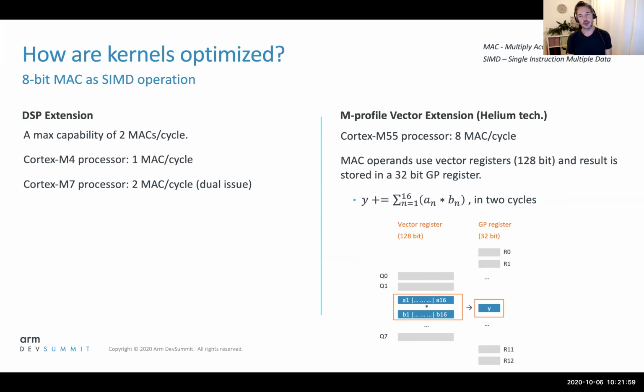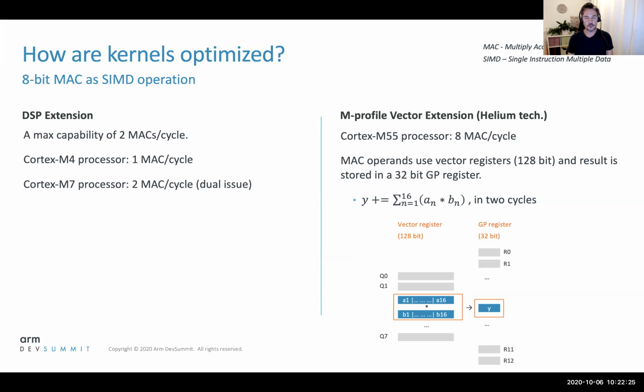CMSIS-NN involves a few different optimization techniques, but on this slide I will focus on the most significant optimization, that is the use of SIMD instructions. SIMD stands for single instruction on multiple data.